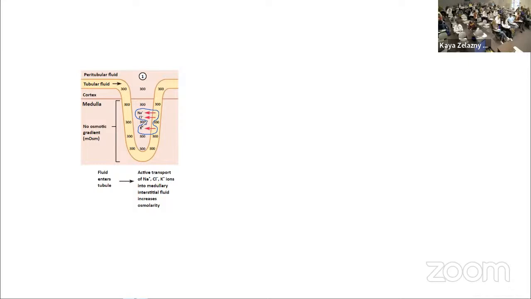Okay. So as they move into the renal medulla, you can predict what's going to happen to these numbers. Okay. So we're going to be increasing the osmolarity of interstitial fluid. Okay, so we'll click forward.